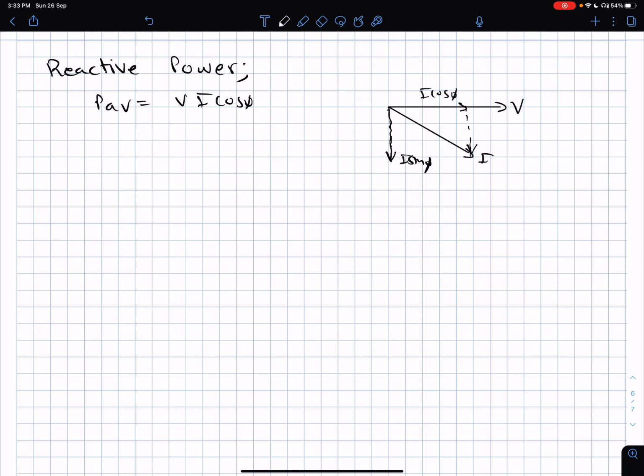What it means is that the projected component of phasor I on the voltage is used for calculating average power, but the quadrature component is absolutely ineffective. It doesn't have any role to play in delivering the average power.